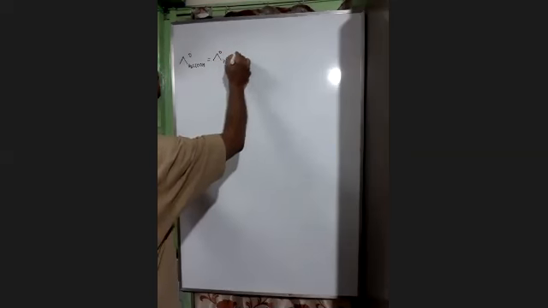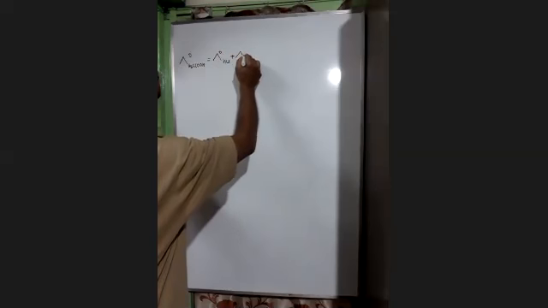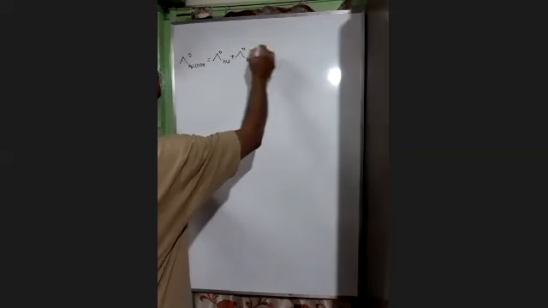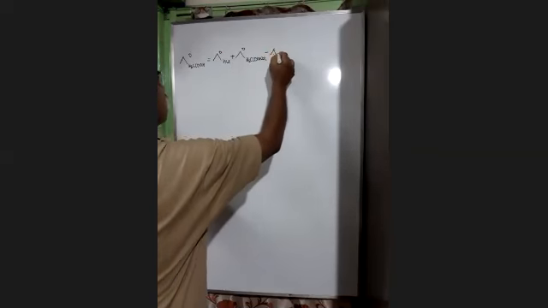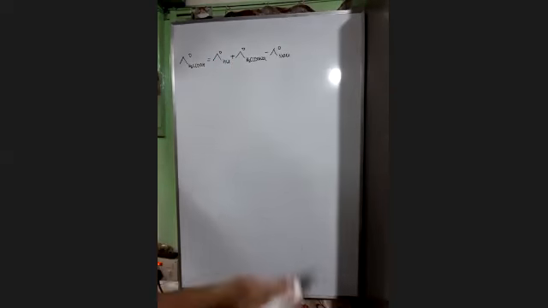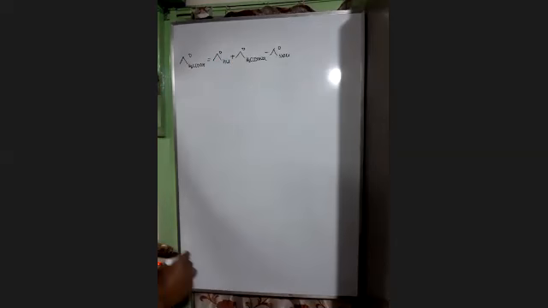We can get it by this equation: HCl plus sodium acetate minus NaCl. That we have already done. Okay, now you do a numerical.